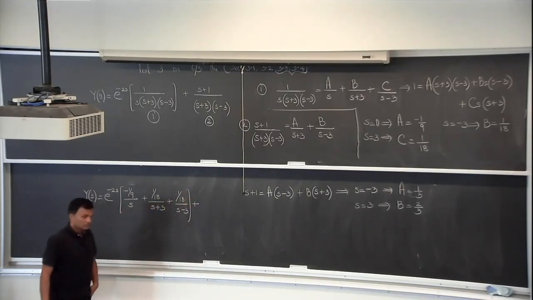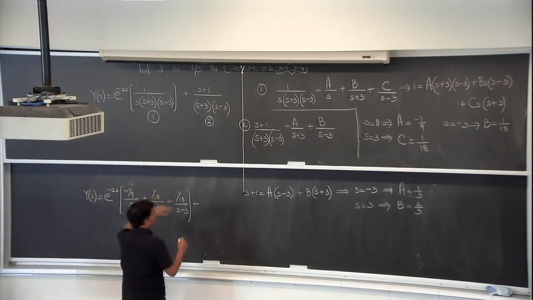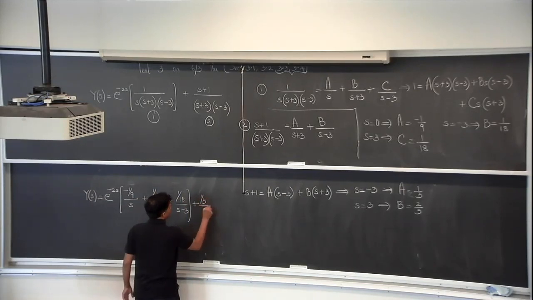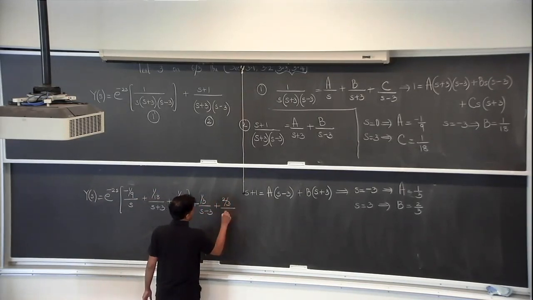The second block does not have e to the power of negative 2s term. That's just going to be 1/3 over s plus 3, 2/3 over s minus 3.